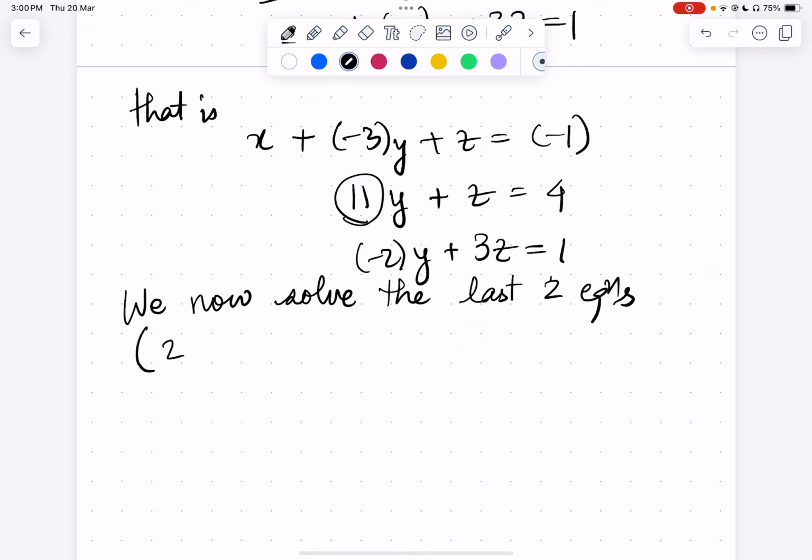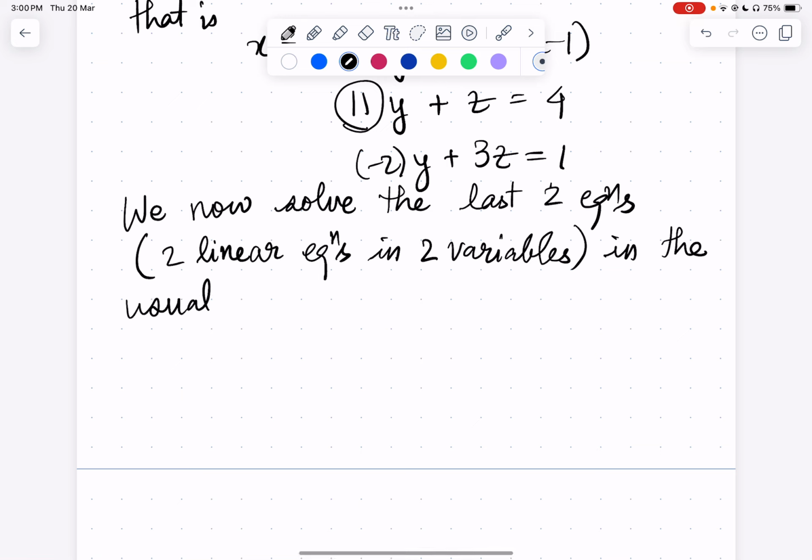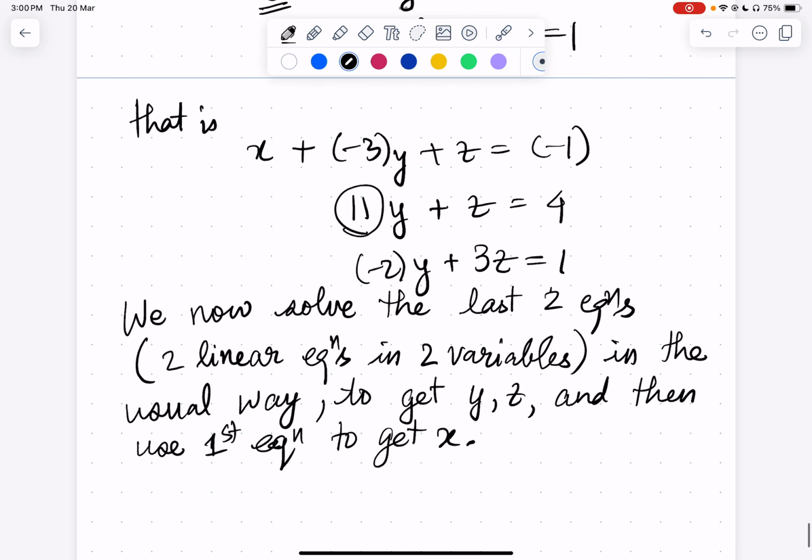These two equations are two linear equations in two variables, and we can solve these in the usual way to get y and z, and then using the first equation we can get x.